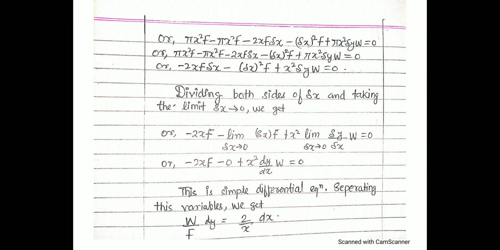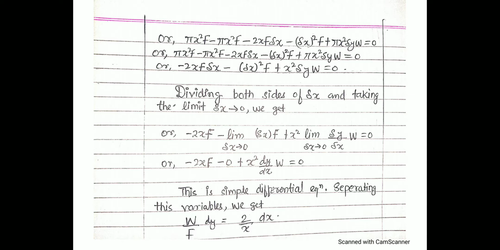Now we divide this equation by del x on both sides and take the limit as del x tends to 0. We get minus 2x f minus limit of del x times f, plus x square times limit of del y by del x times w, is equal to 0.